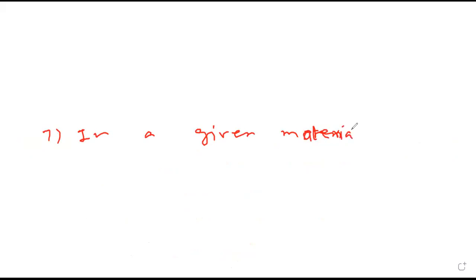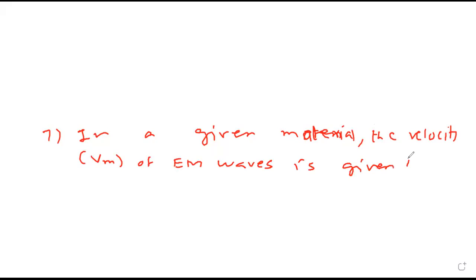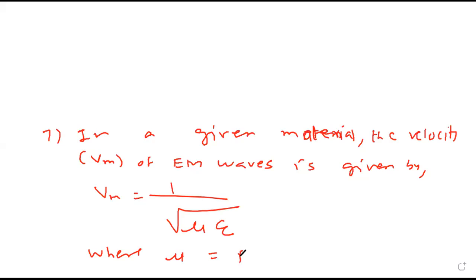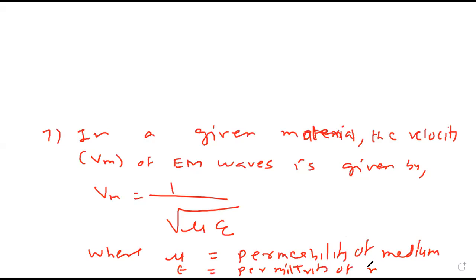In a given material, the velocity Vm, where m means in a medium, of electromagnetic waves is given by Vm equals 1 upon root of mu epsilon, where mu equals the permeability of the medium, not free space now, and epsilon equals the permittivity of the medium.